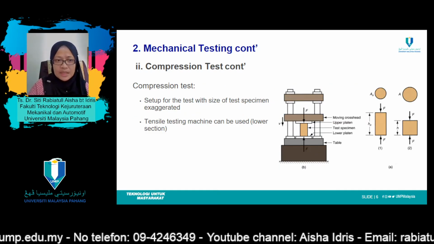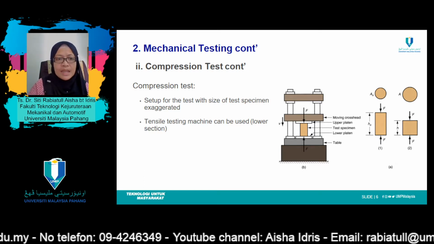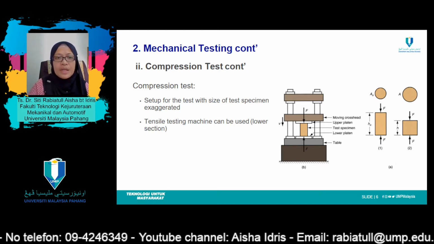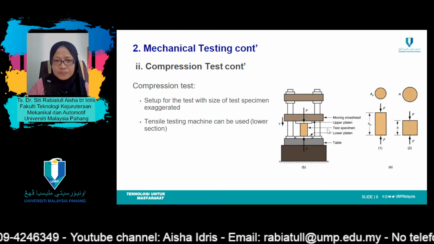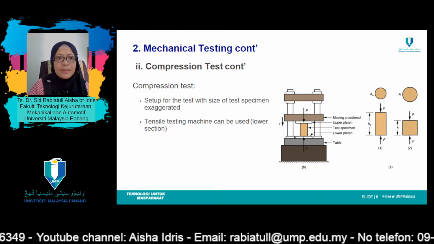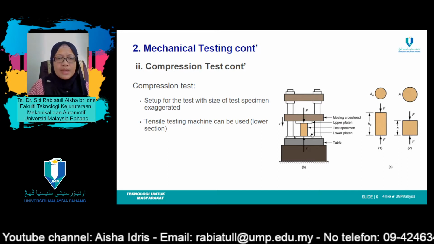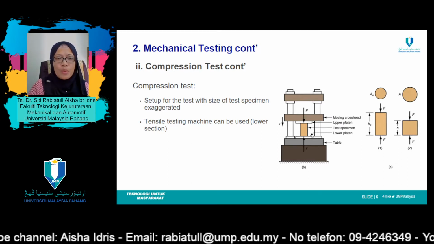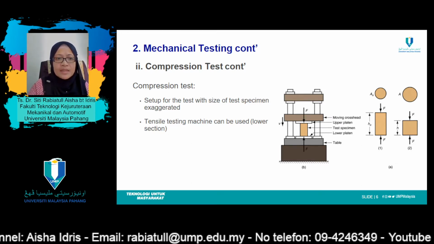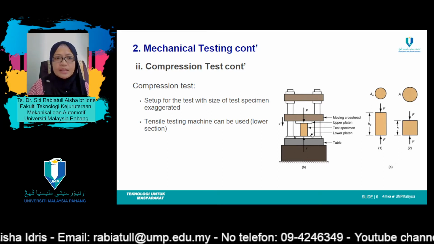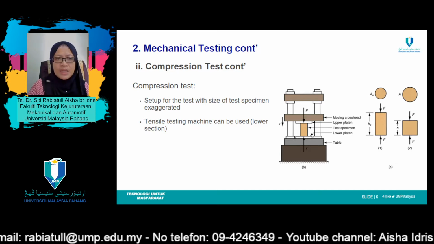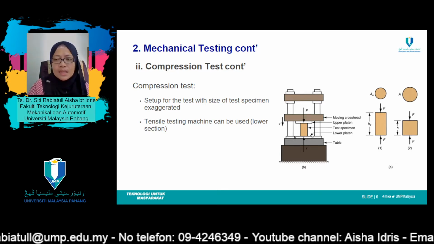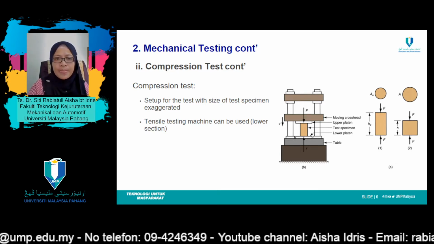How is the compression test conducted? Basically, the test sample is generally placed between two plates over here that distribute the applied load across the entire surface area of two opposing faces of the test sample, and then the plates are pushed together by a universal test machine, causing the sample to flatten.